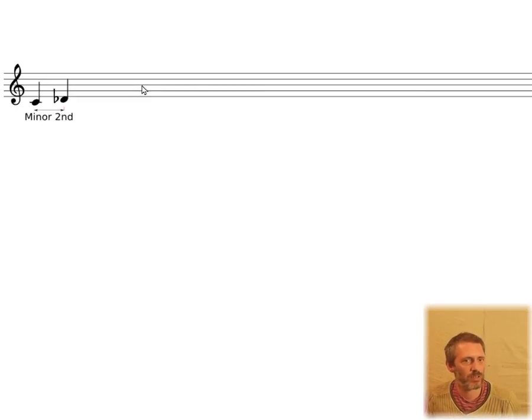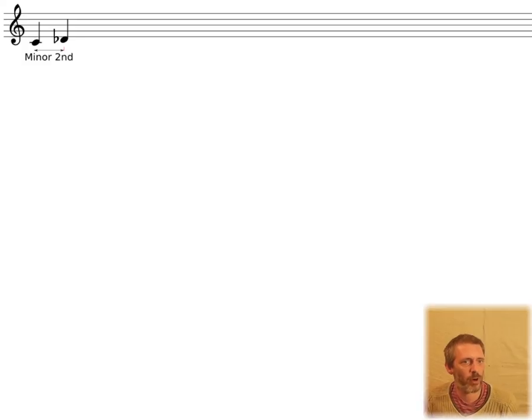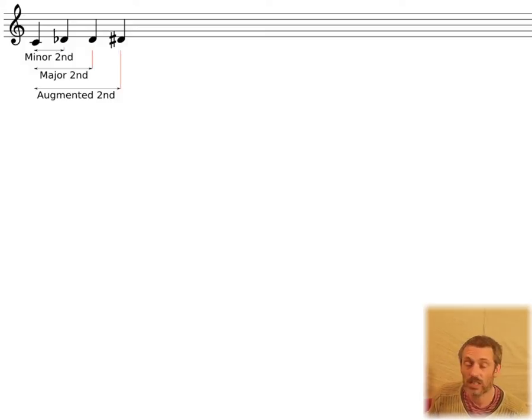Let me see if I can just zoom it a little bit more. And then from C to D natural is a major second. If we had C to D sharp, again, that's not going to be a minor third, even though it's the same as if you're going from C to E flat, because it's got to be 2 something, because we're calling it D. So there you've got an augmented second.